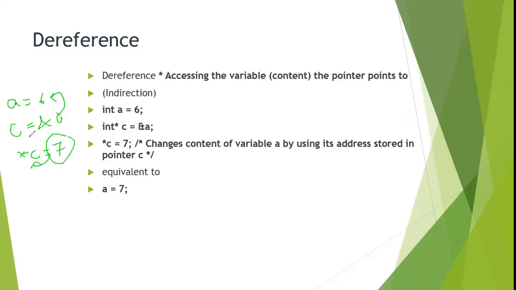So what will happen? We know that c is pointing to a, so c is going to change the value of a from 6 to 7. This is called dereference. Am I clear to all?